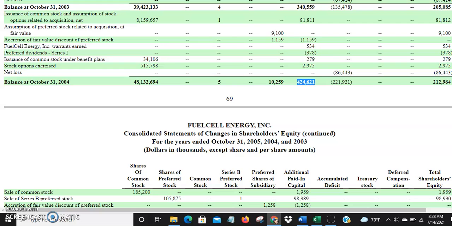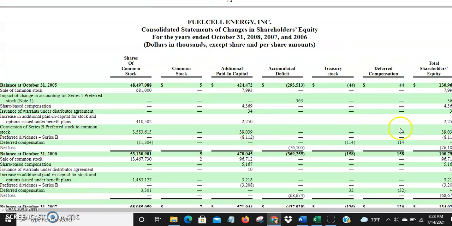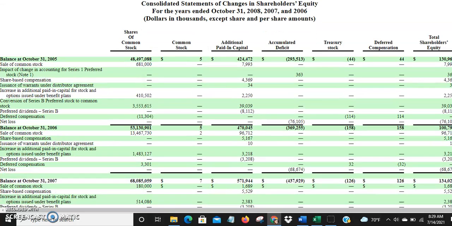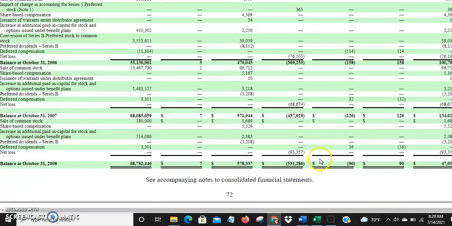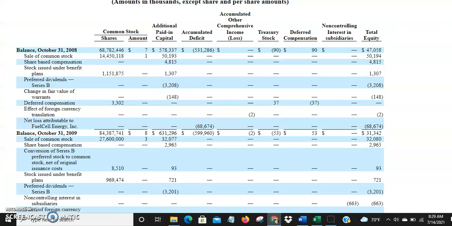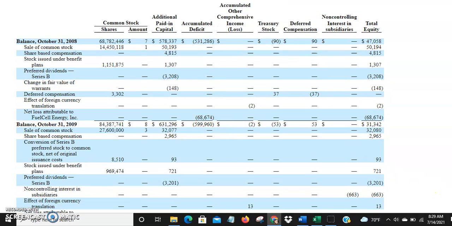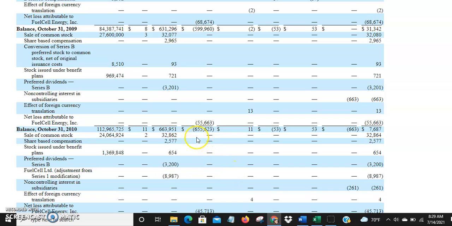If you keep going for each year, I've pulled up, and you can see here by 2005 it is 293 million. It has become 369 million in 2006, 531 million by 2008, and then in 2009 it became 599 million. By 2010 it had become 655 million, like that.